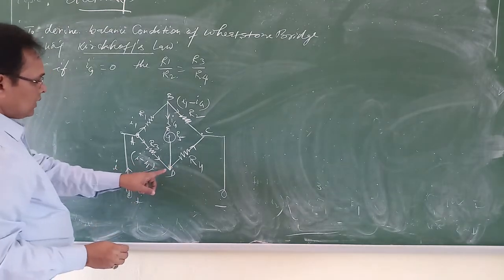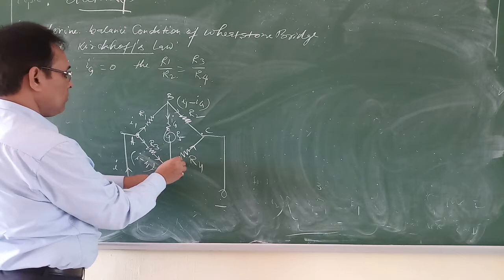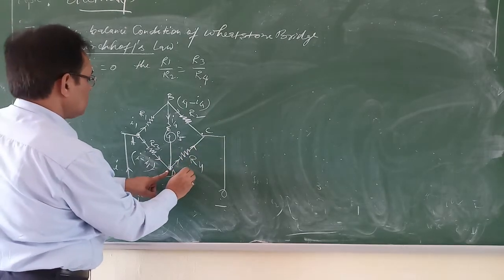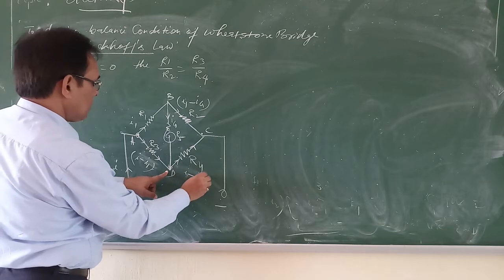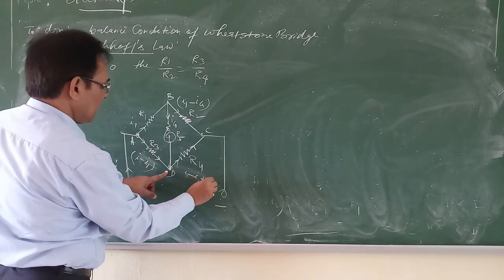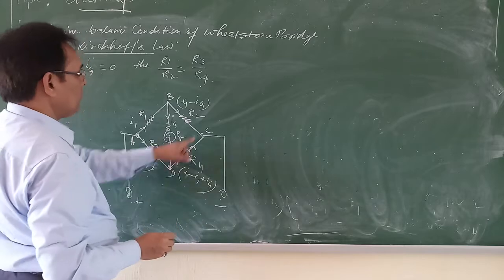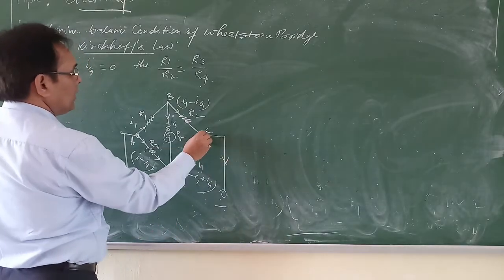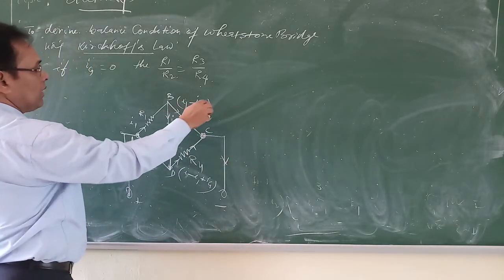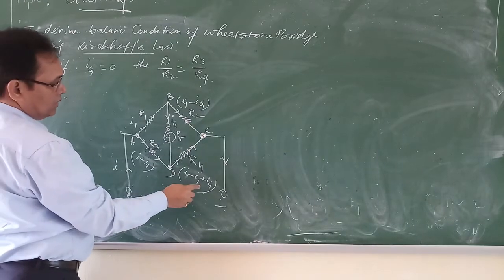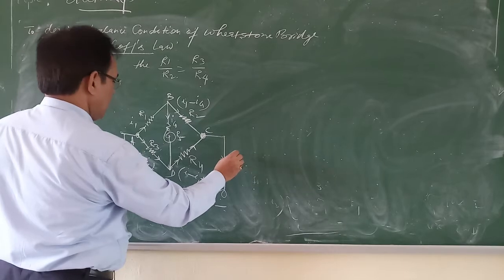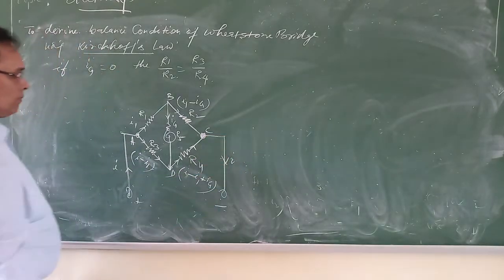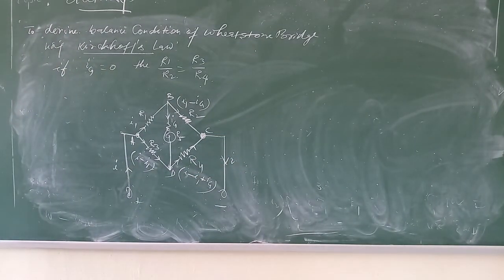From here I minus I1 current, both currents meet together and flow in this direction. So this is I minus I1 plus IG. Then again here both currents, I1 minus IG and I minus I1 plus IG, meet at this junction. Then I current flows in this direction.